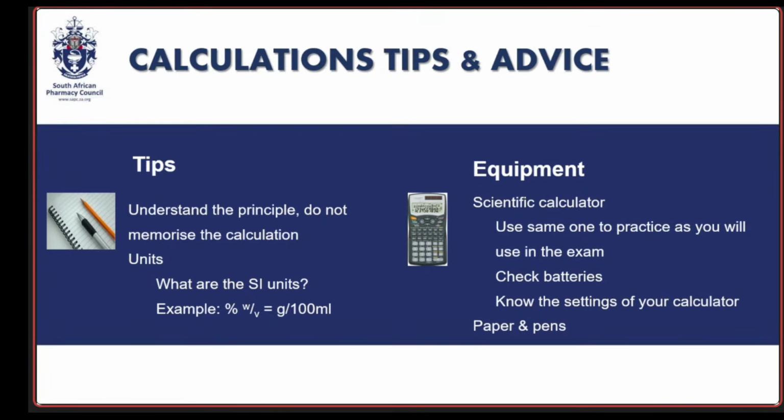If you see the words percentage weight per volume, it automatically relates to grams per 100 mL. So don't just think that it is grams per milliliter. It is grams per 100 milliliters. So you need to be aware that for percentage weight per volume, the answer must be in grams per 100 mL. So please be aware of all the SI units, from kilogram to microgram to milligram to liters. You need to know that because those are the units we work with.